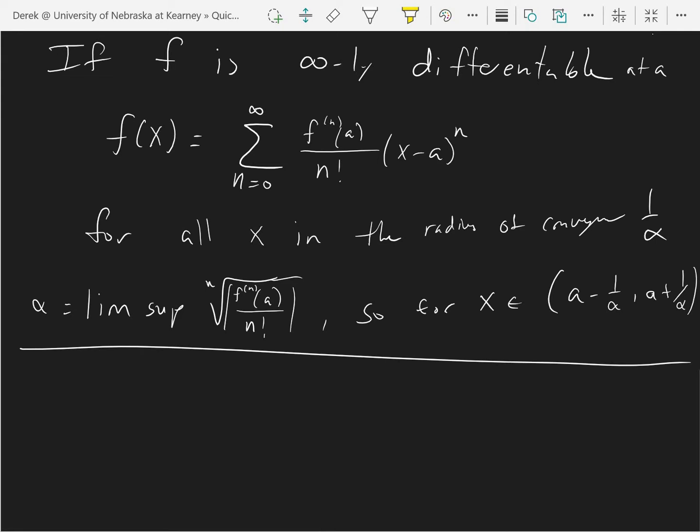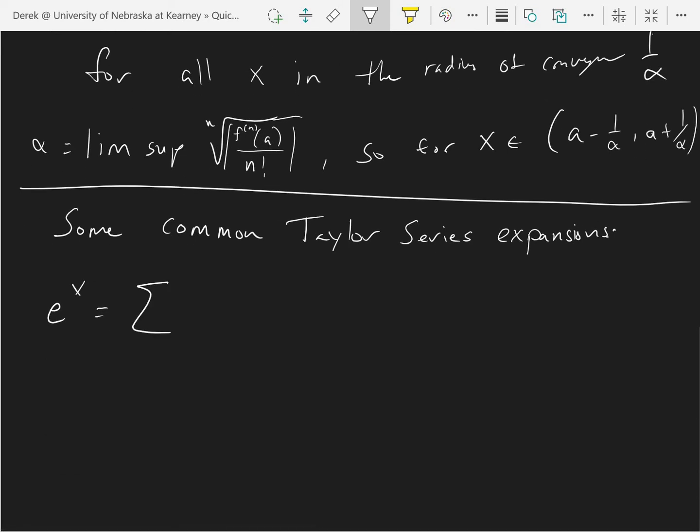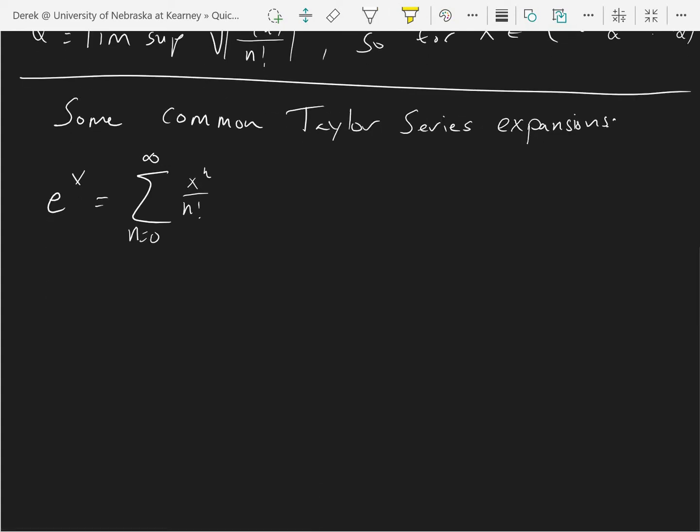Okay, so some common Taylor series expansions. We've got e to the x, and it's equal to the sum from n equals 0 to infinity of x to the n over n factorial.